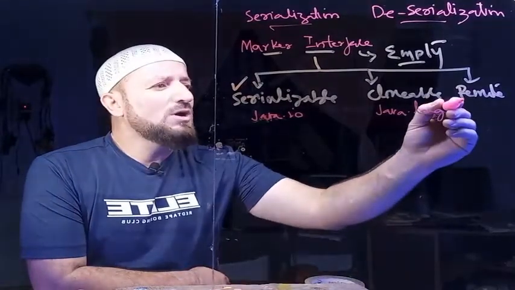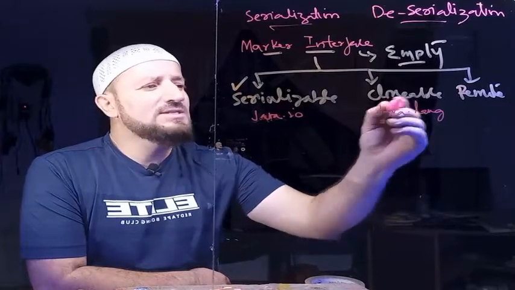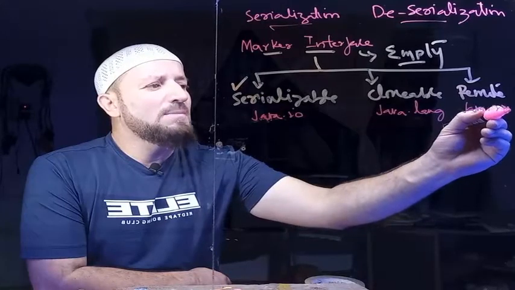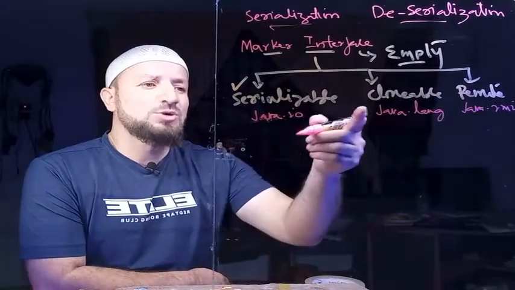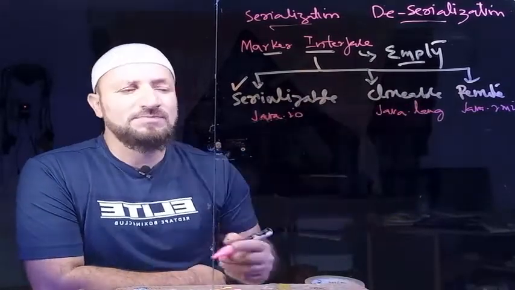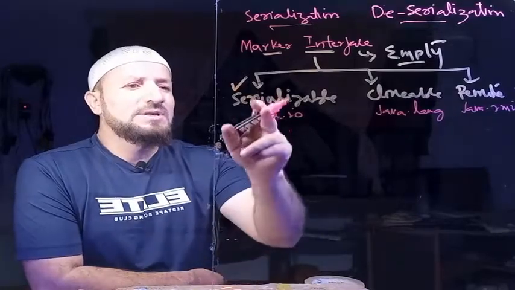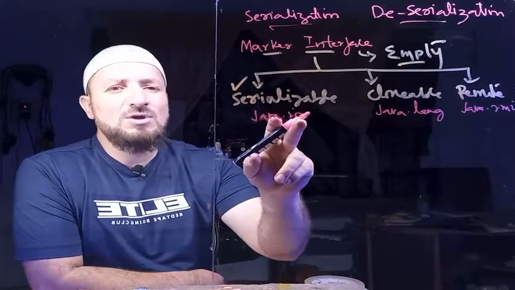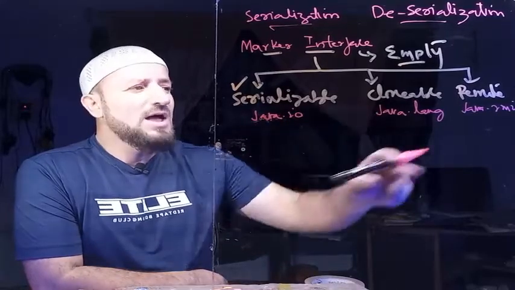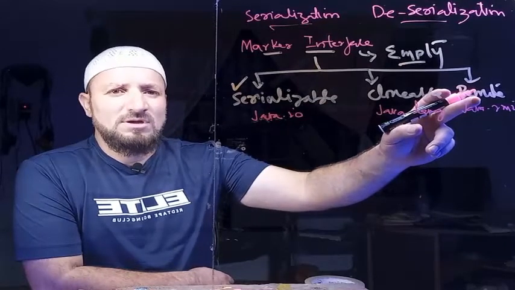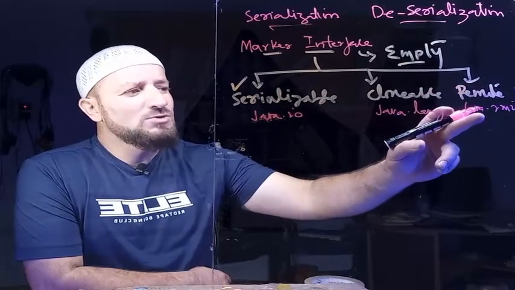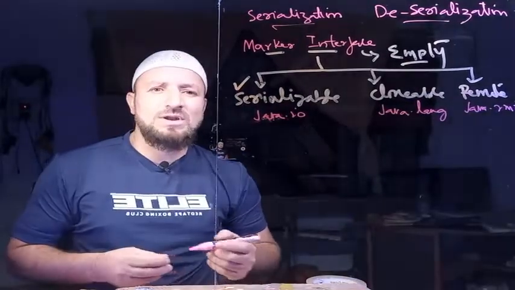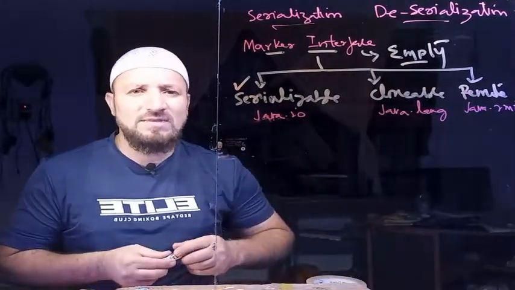And the Remote interface is in the java.rmi package. So you have to import these packages before we can use them. Java.lang is default, but if you use Serializable, you have to import java.io.Serializable. And if you use Remote interfaces, you have to import java.rmi.Remote.